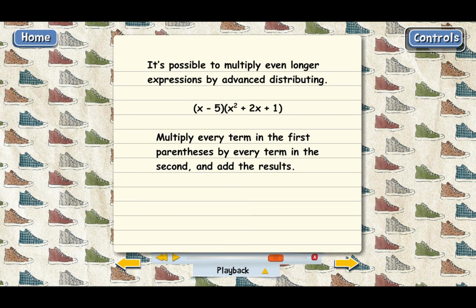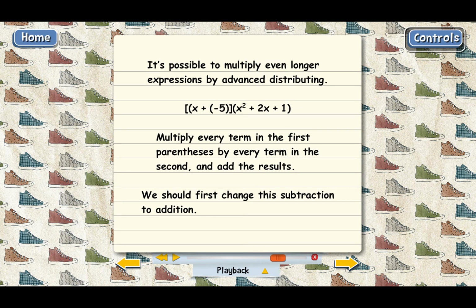Only whenever you're distributing something complicated like this that has a subtraction in it, it's best to change the subtraction to addition of the opposite before you start. So let's change this minus 5 right here to plus a negative 5. And notice I put brackets in because now we have parentheses within parentheses on the x plus negative 5.